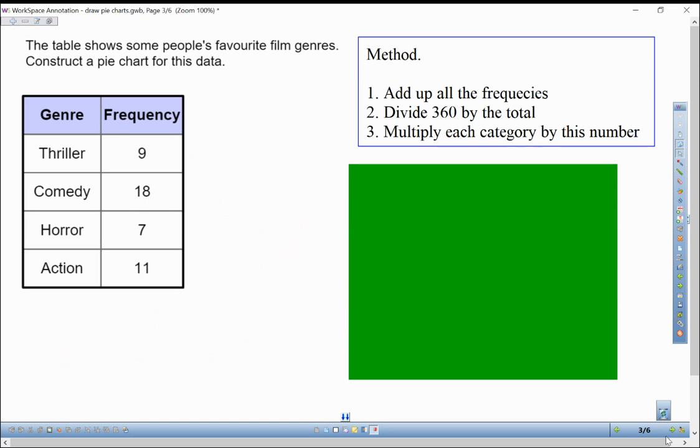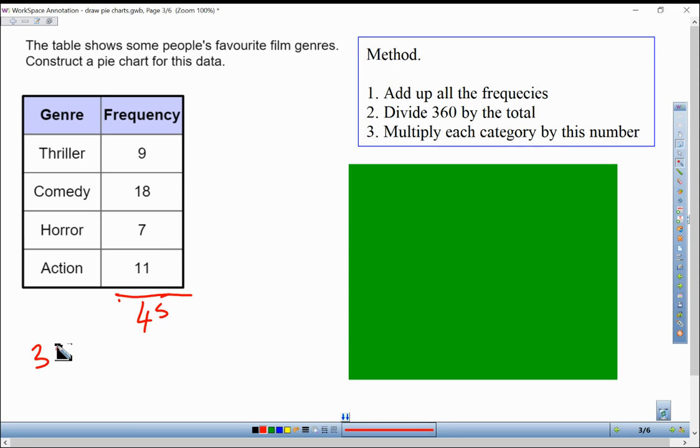This time, take your time, you can pause the video if you wish and work out the angles. So again, let's look at it. We add them up. 18, 36, 45.